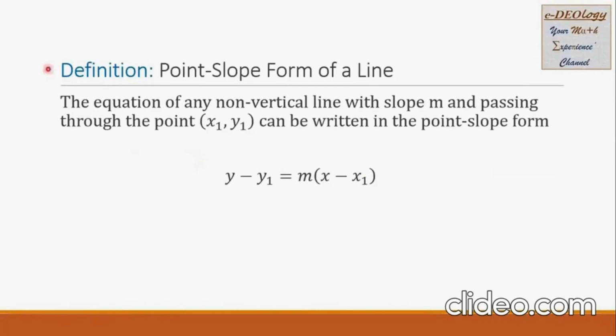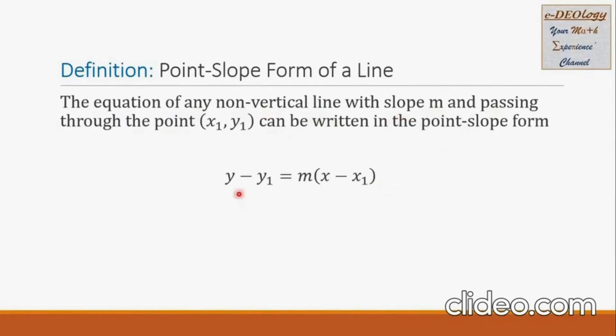Today we're going to study point-slope form of a line. Let us define the point-slope form of a line. The equation of any non-vertical line with slope m and passing through the point (x sub 1, y sub 1) can be written in the point-slope form.